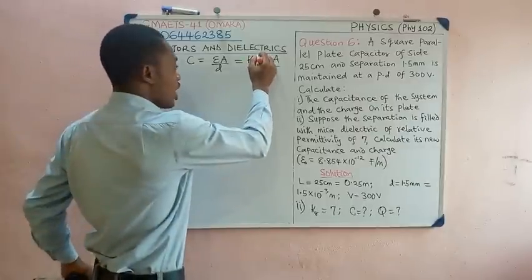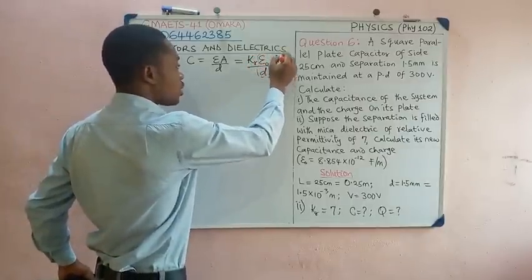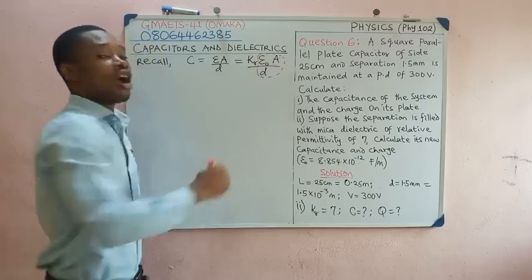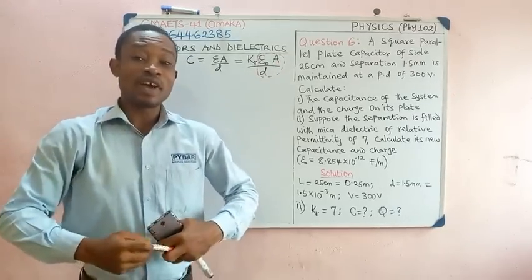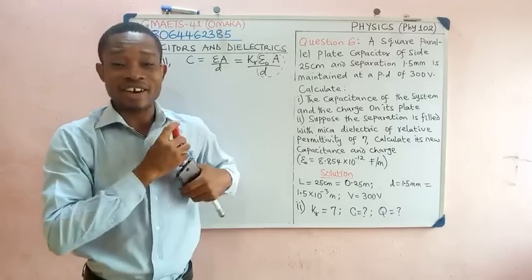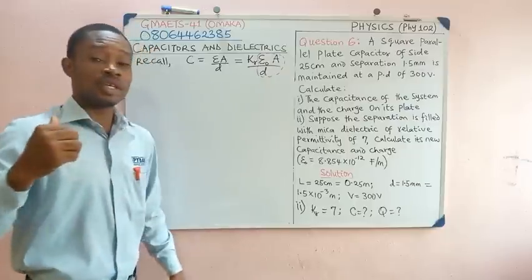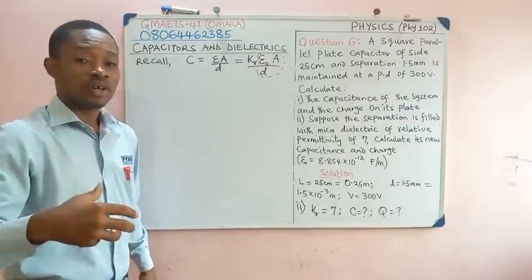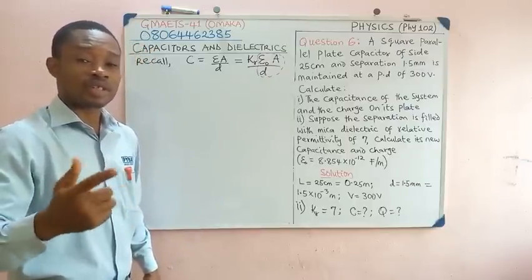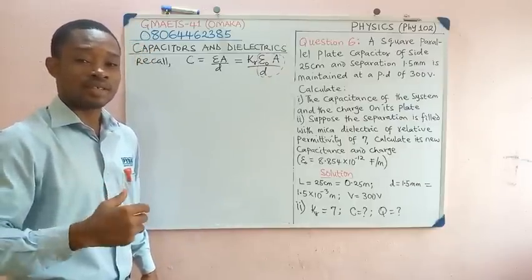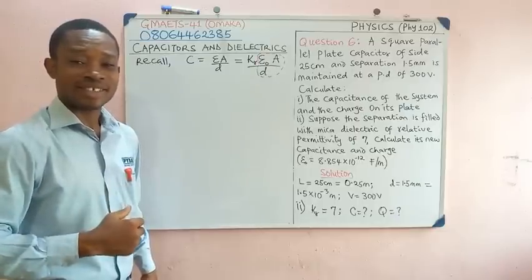Now, I want us to look at this. You take note that this part of the equation is equal to the capacitance of the capacitor with vacuum as the dielectric, or air as the dielectric. Is that not so? That's what we obtained already in the previous video. We got it as 3.7 times 10 raised to the power minus 10 farad.